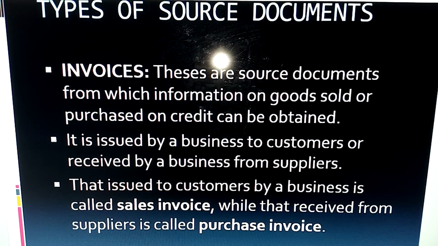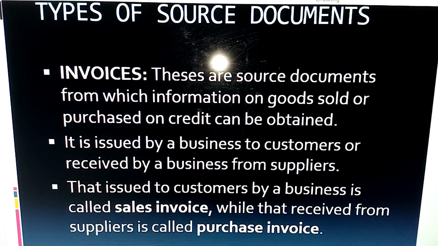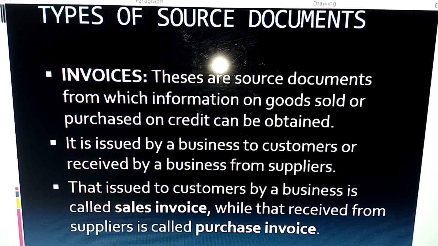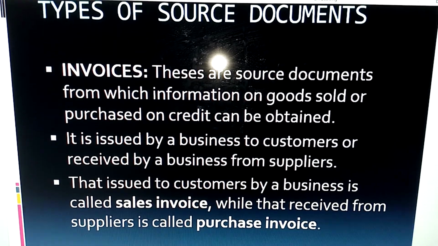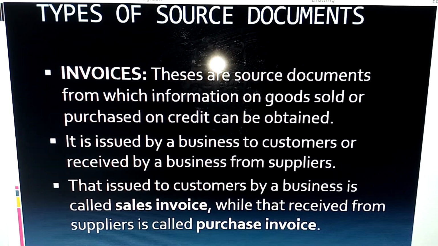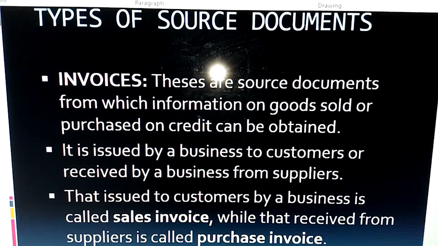Now there's something called LPO, which is local purchase order. That is also a source document for purchases, but you cannot use an LPO because it is not final and conclusive. An LPO is an order to supply.